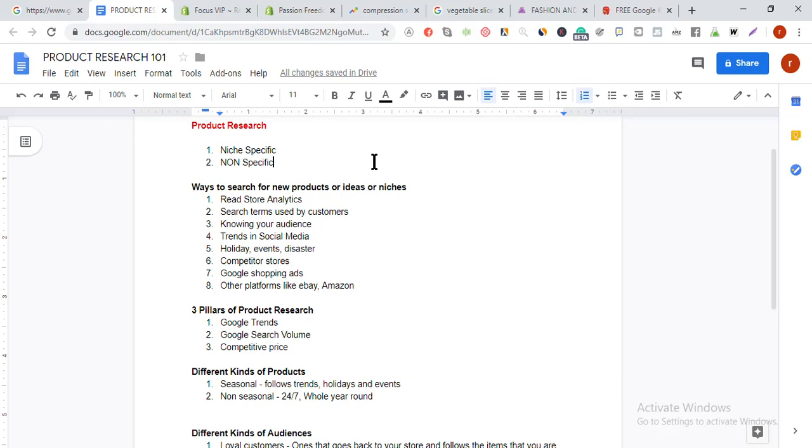Follow those ads that pop up every now and then. Try to follow stores that are selling non-specific items. Then you go from the basic ones. You can also use your tools, which are Niche Scraper, SEMrush, and other stuff.